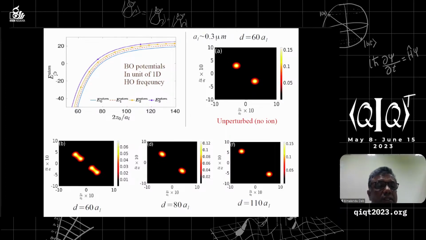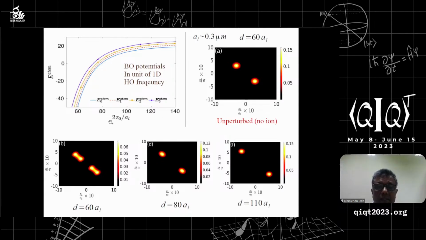And you can see these are of 1 kilohertz order, minus 20 kilohertz or so. And at long separation, if it is 0.3 micron, so 100 means it is 30 micron or so, and so this is significant.